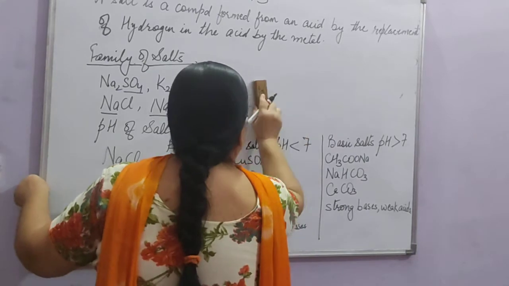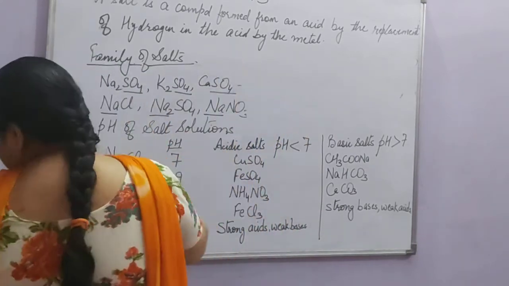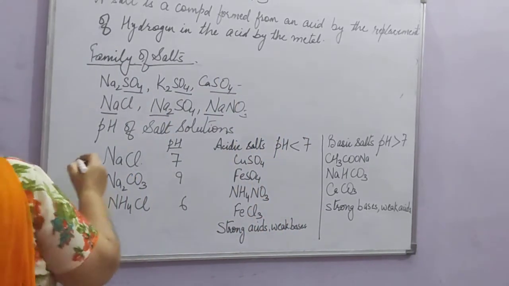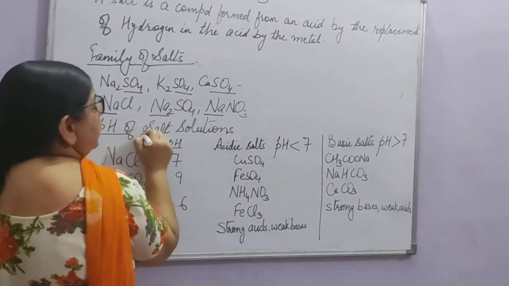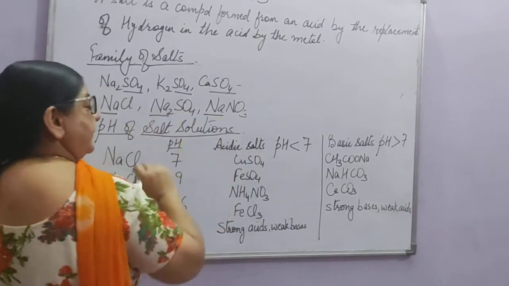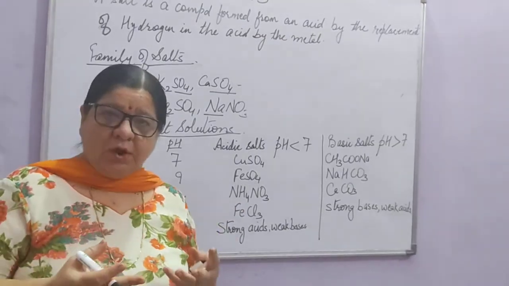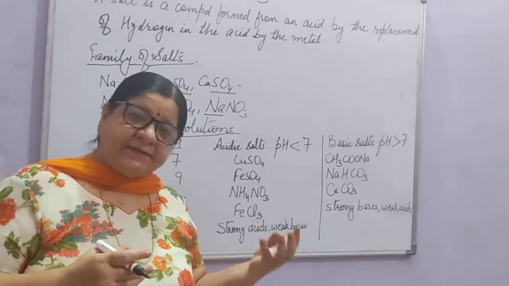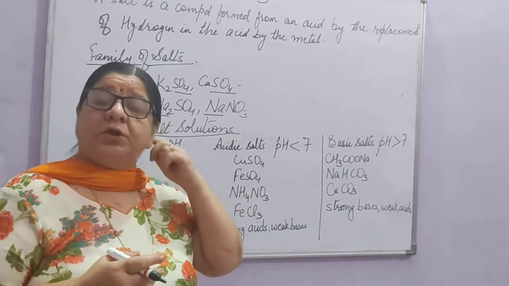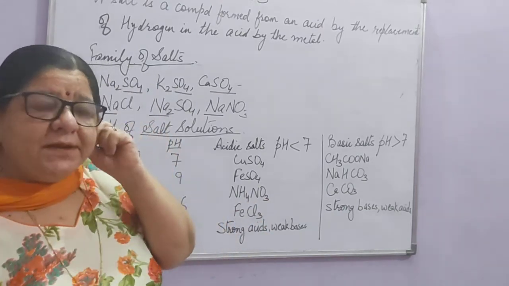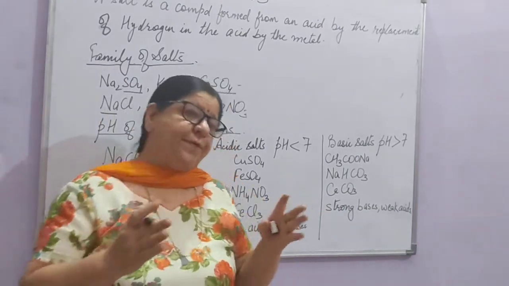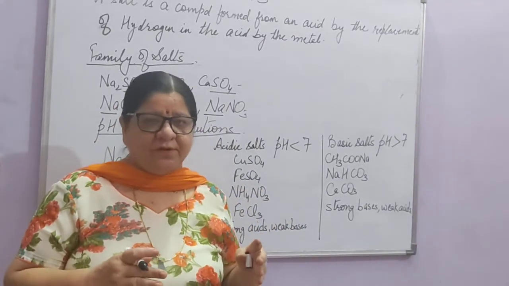Next comes the pH of salt solution. How do we come to know whether the salt is an acidic salt or basic salt or neutral salt? Just now we learned that salt is formed by neutralization reaction.